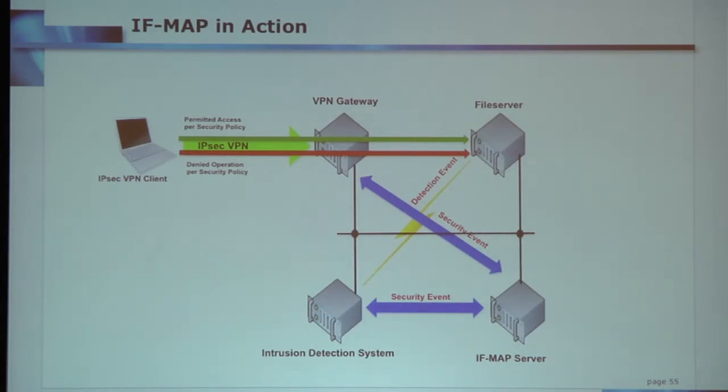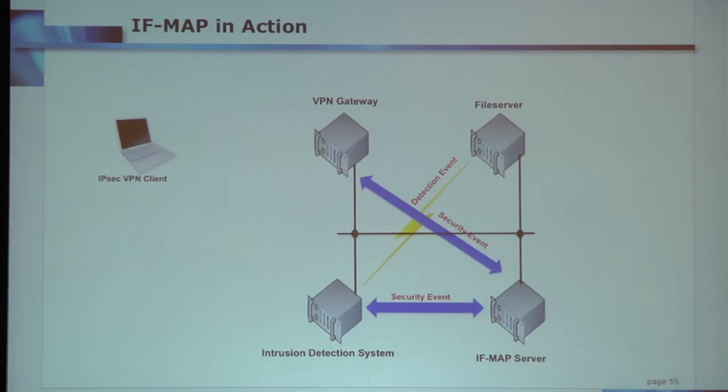For example, the VPN gateway could instruct the upstream policy enforcement point, such as the Juniper firewall, to reconfigure its firewall rules, via USC for example, or move that client into a different VLAN. Or the VPN gateway also could take matters into its own hands and say, okay, this is a critical breach, I'm just going to go ahead and disconnect that client.